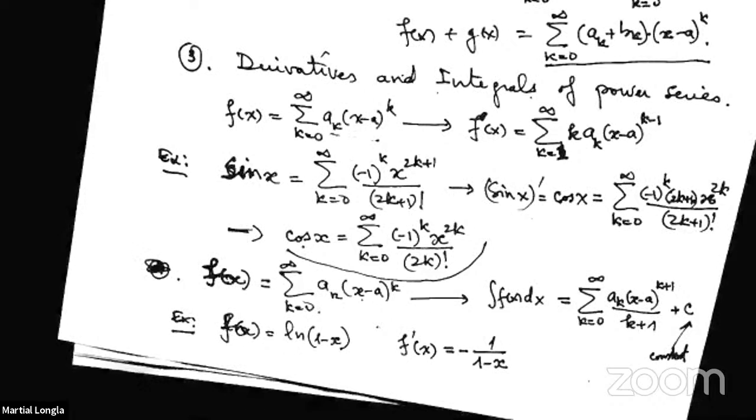That's the derivative of this function. After taking the derivative, I look and I say, hey, I know this function, 1 over 1 minus x. I know the power series. What is it equal to? What's the power series of 1 over 1 minus x?